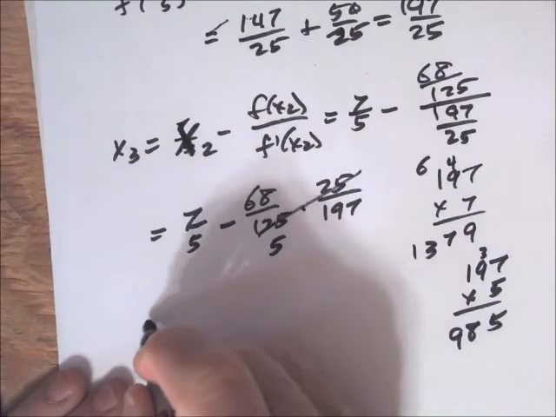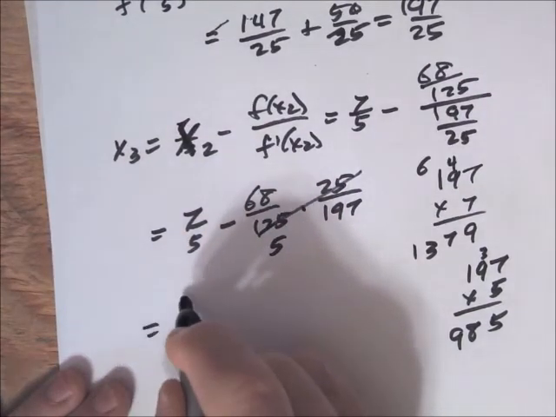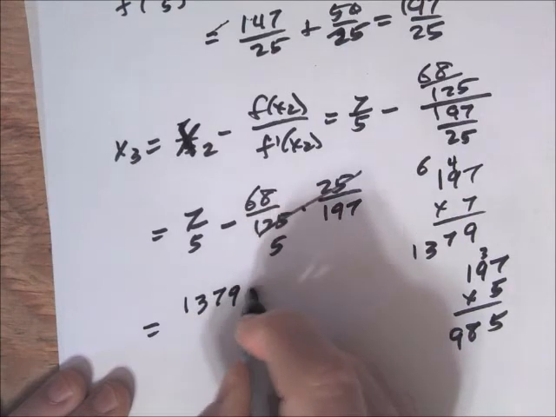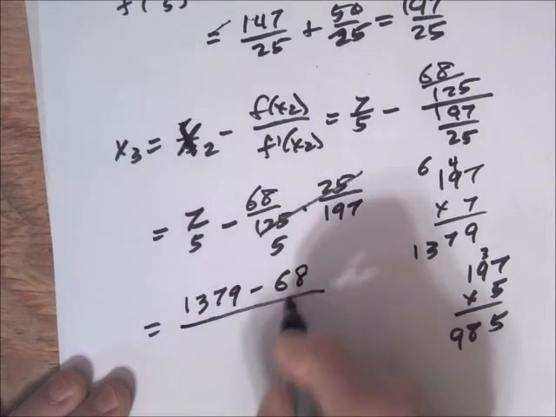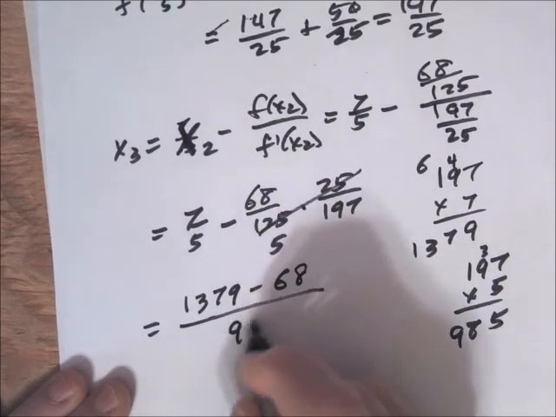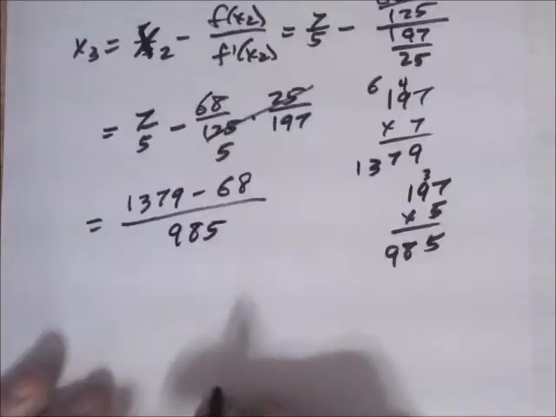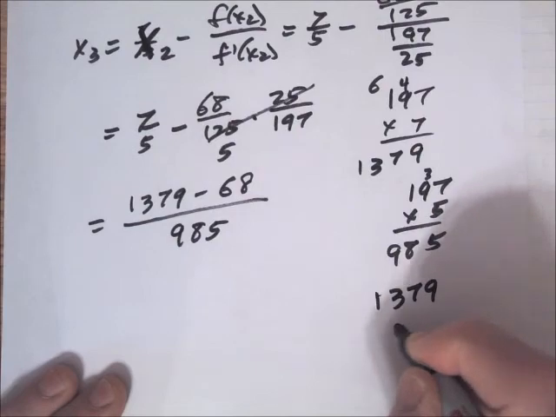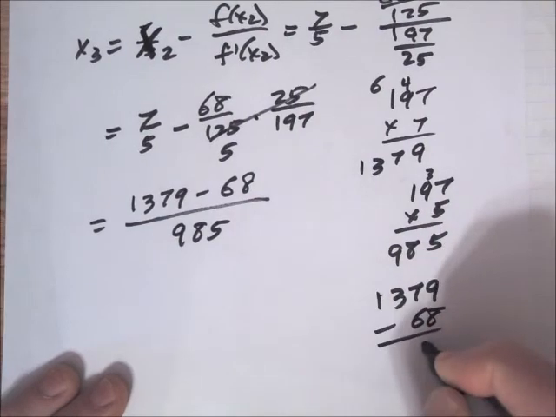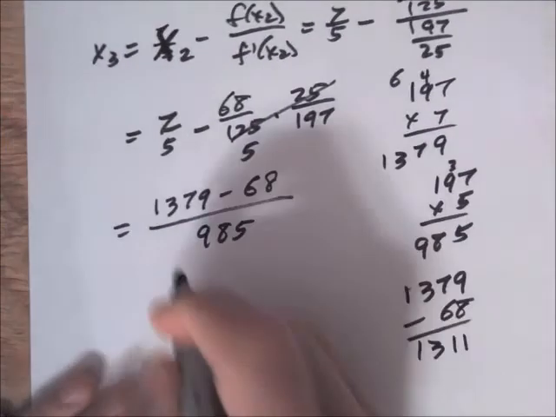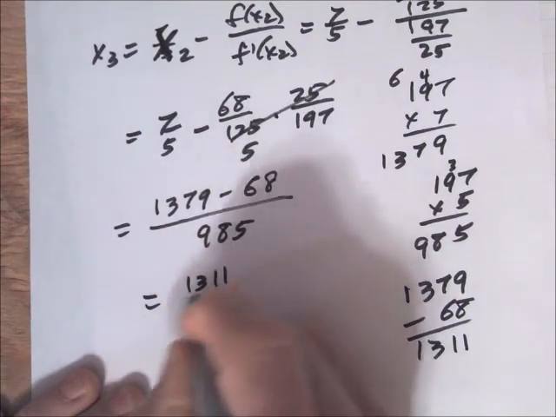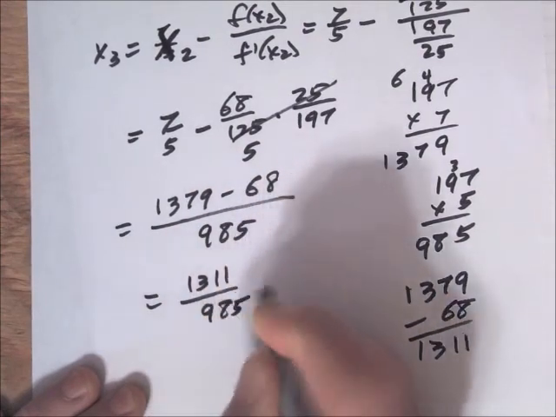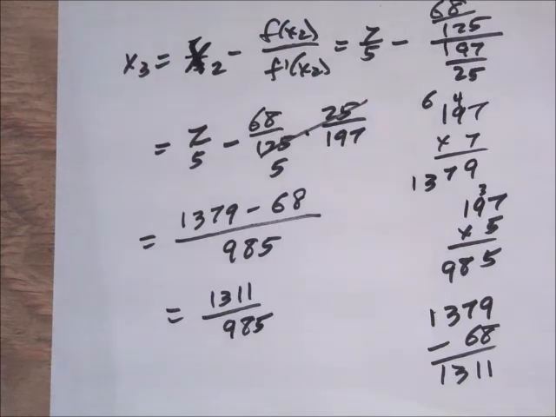Okay, so this is 1379 minus 68 over 985. 1379 minus 68 is 1311. That's 1311 over 985. Okay, so that's our third estimate, and we could keep on going.